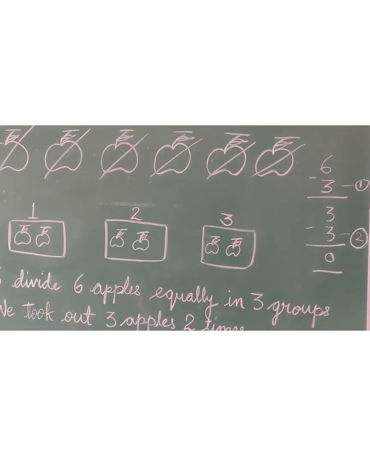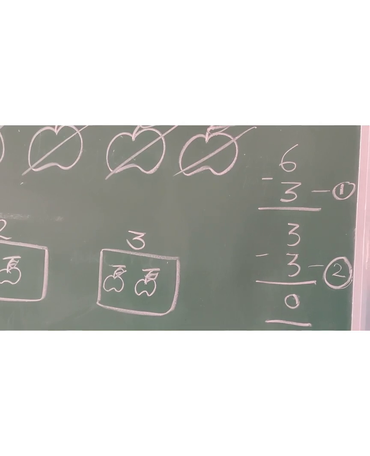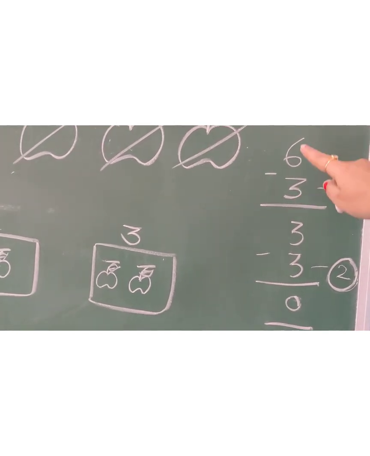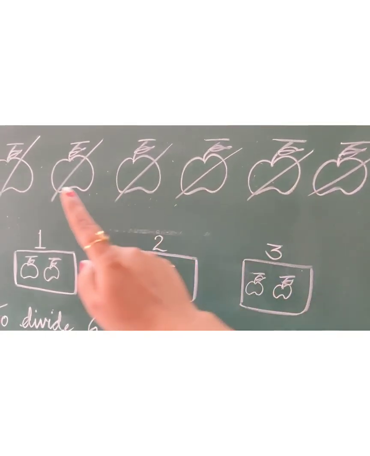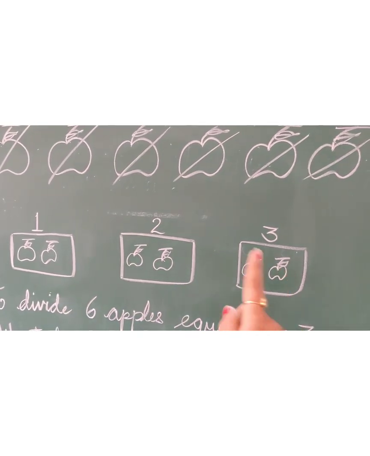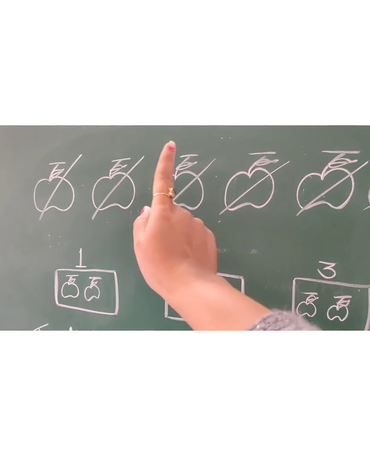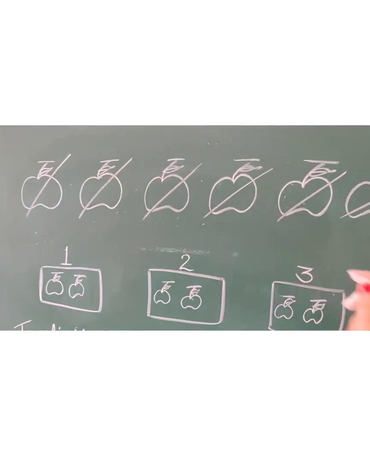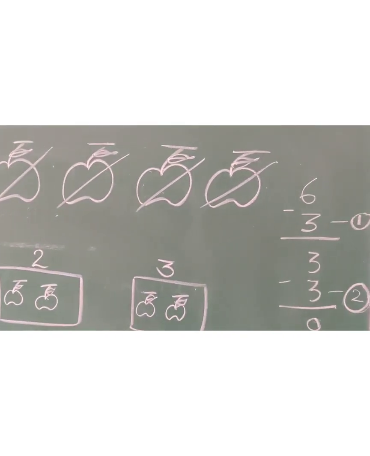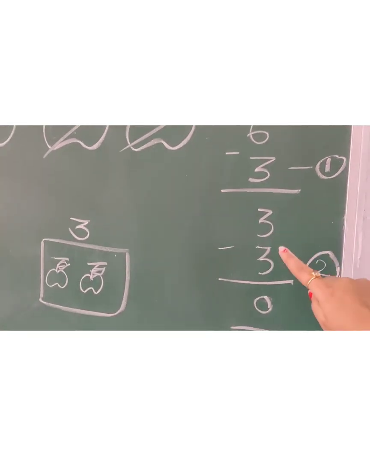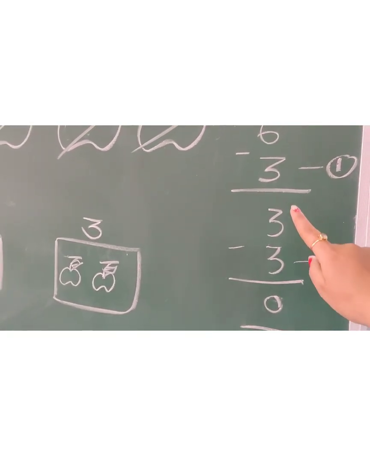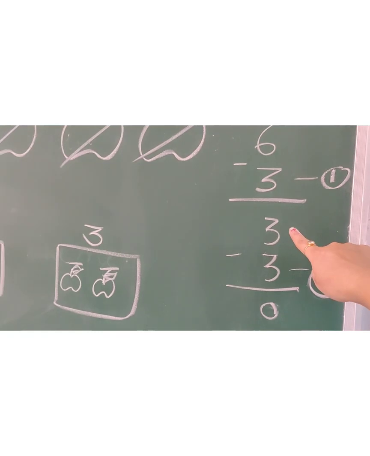How? Just look here. First we subtracted 3 from 6. Look here. We gave one apple to all these groups. That means we subtracted 1, 2, 3, 3 from these 6 apples. Then we were left with 3. Okay? We were left with 3 apples.